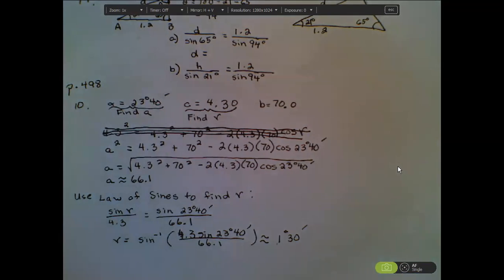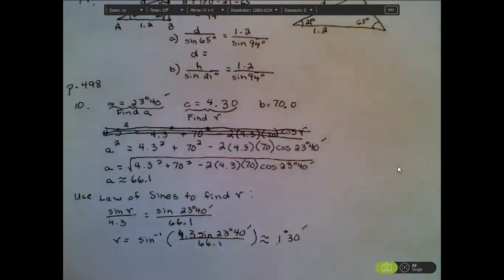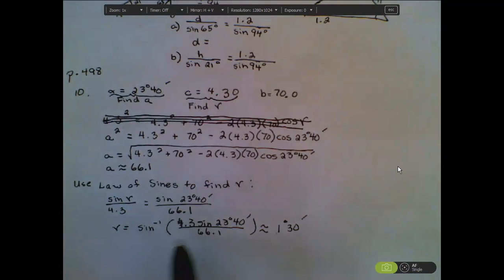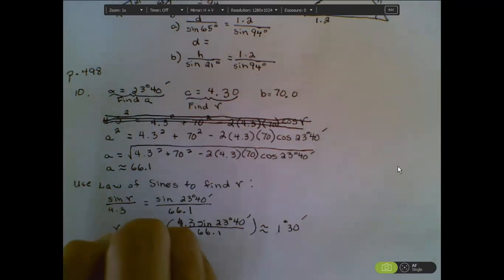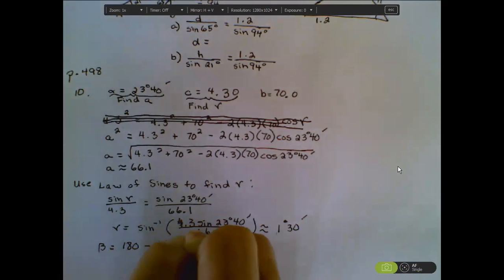Now we have 5 parts of our triangle. We have 2 of the angles and we have all 3 sides. So what's the only thing we're missing? Beta. And if we're working for NASA and we don't want to use anything we've approximated, then I would have to use this whole expression for gamma. If we're not working for NASA, we can just say beta is 180 degrees minus alpha minus gamma.